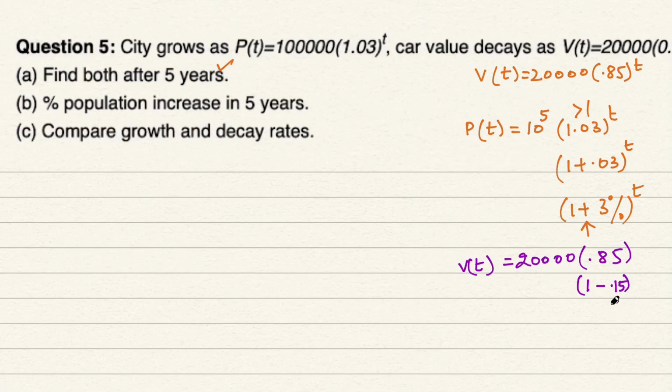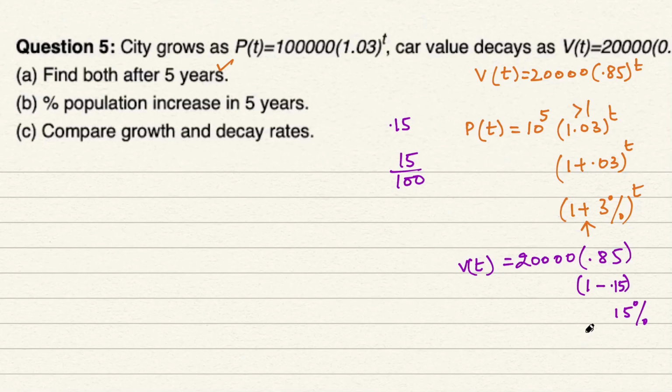So decay rate is this, 1, 5. Now if I ask you what is the percentage, here it is 3%. 15 over 100. You can write decimal 15 as 15 over 100. That means it is decaying at the rate of 15%.